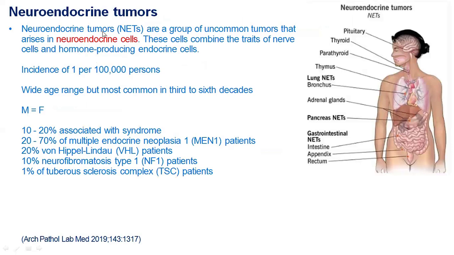Neuroendocrine tumors are a group of uncommon tumors that arise in neuroendocrine cells. These cells combine the traits of nerve cells and hormone-producing endocrine cells. These neuroendocrine cells are embedded in different organs, such as the pancreas, lungs, GI system, and other systems.